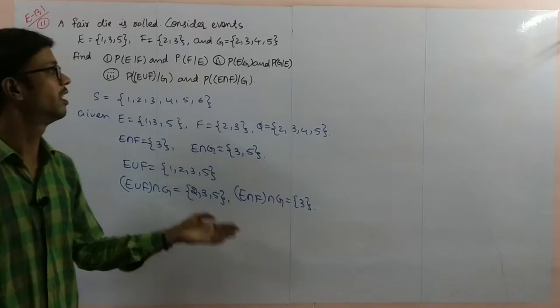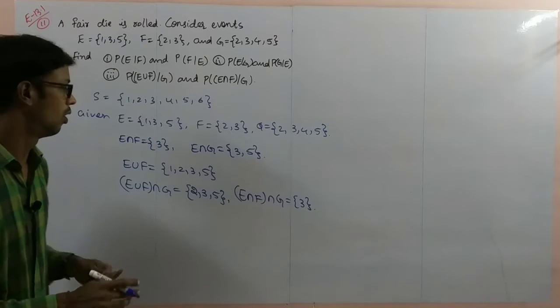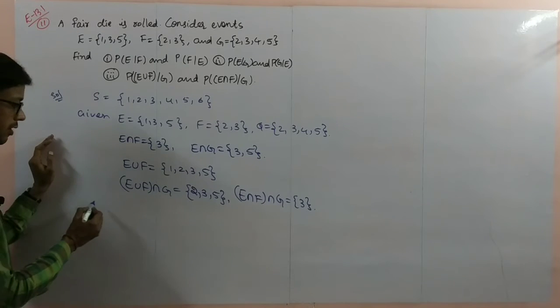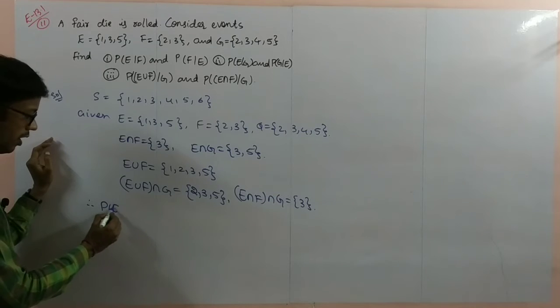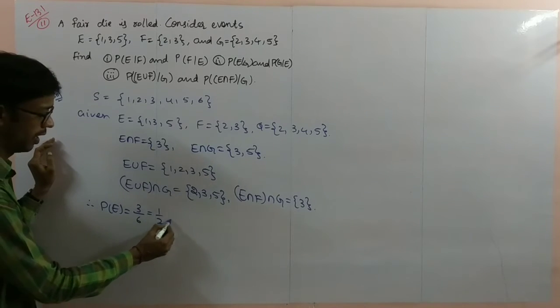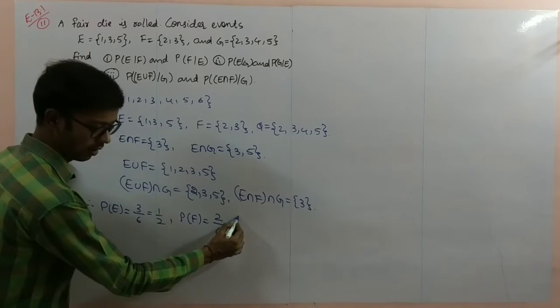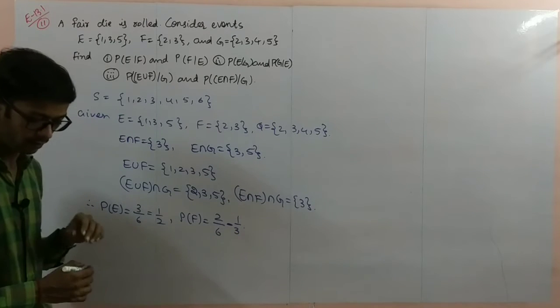Why we are finding all these is because we need the formulas. We need the probabilities. So I'll find the probabilities now. P of E is equal to 3 by 6, 1 by 2. P of F is equal to 2 by 6, 1 by 3.